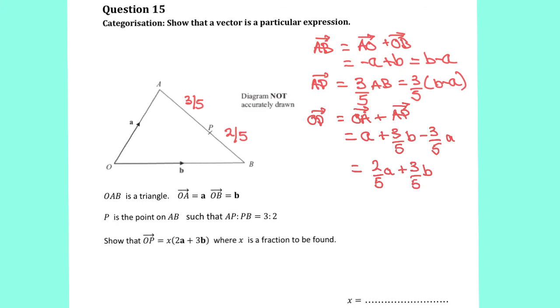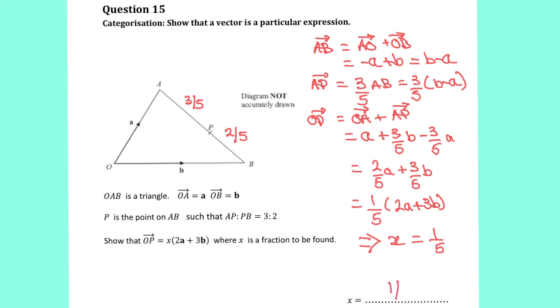I can factorize that, which is equal to 1/5 of 2a plus 3b. Therefore, x is equal to 1/5.